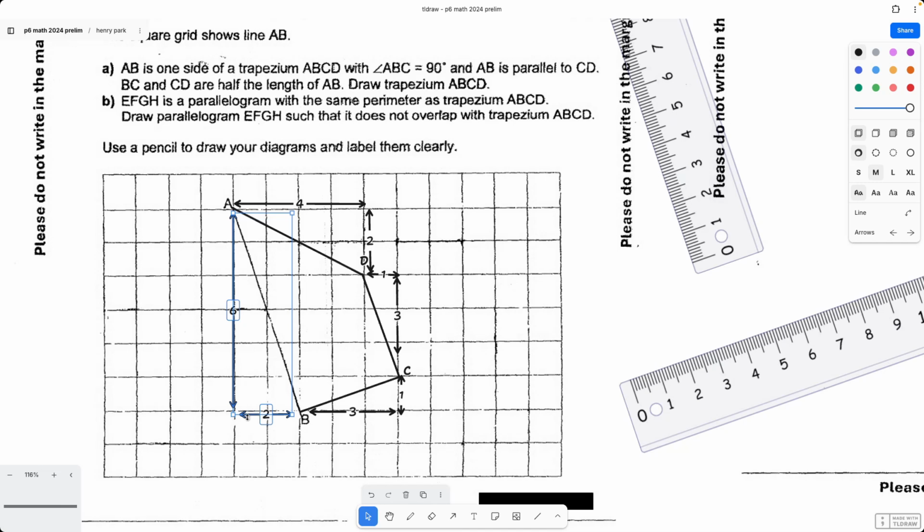So the total squares is 6 plus 4 plus 2 plus 2. So this is 10, 14, 18, 22. So 22 in this case.